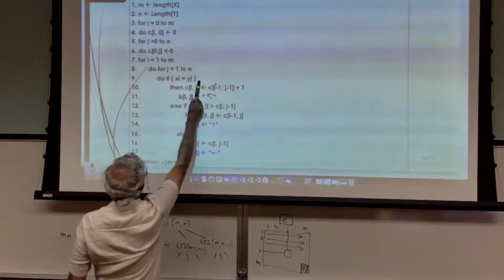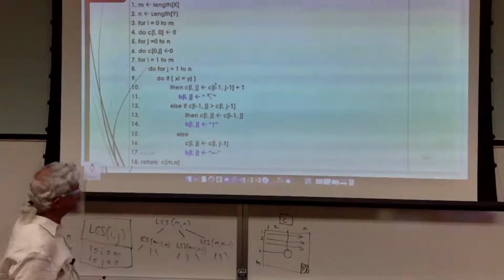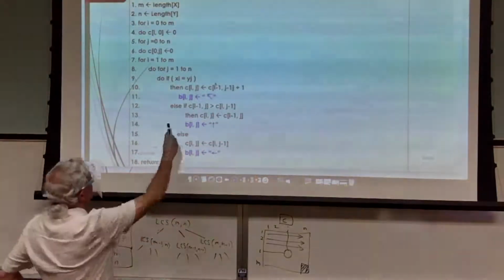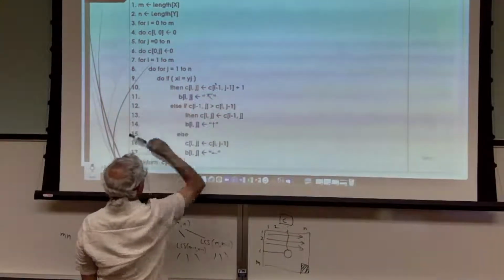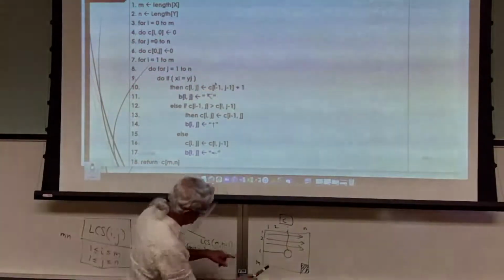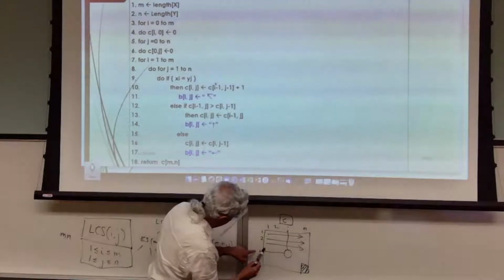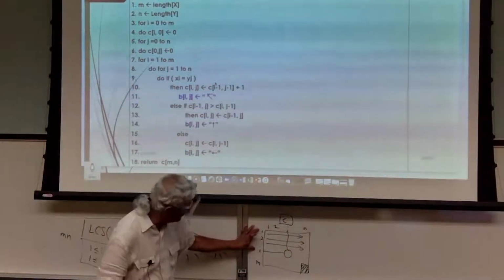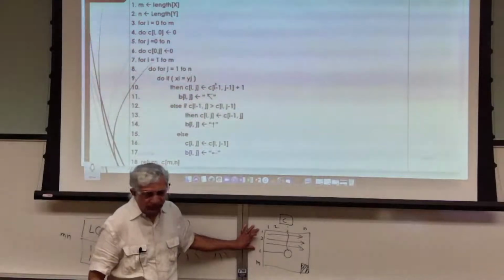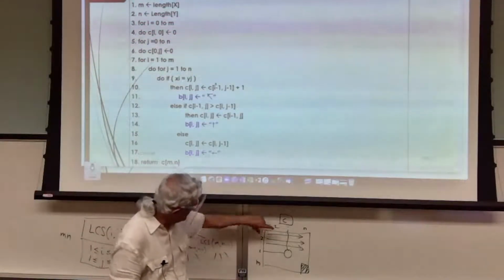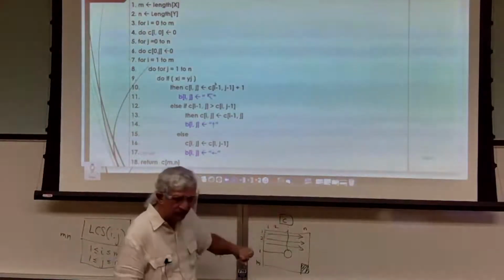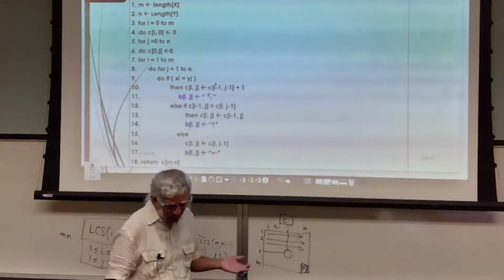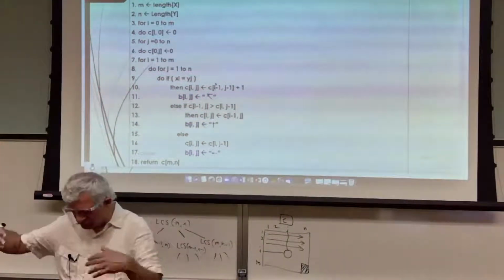And then here are the cases that we have to consider. Remember, if we're trying to solve this problem here, it corresponds to a subproblem where in the first string I only have to consider the first i characters, and in the second string I only have to consider the first j characters. So I'm assuming that the rest of the characters don't even exist.